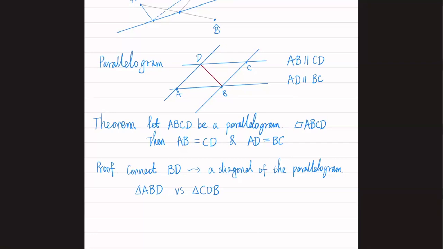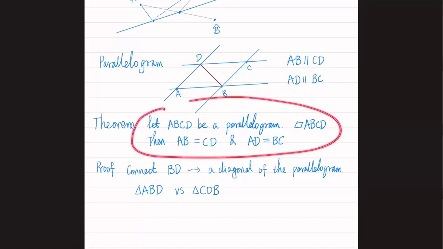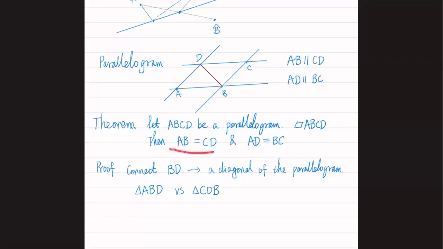The potential issue here is what we know and what we want to prove. In this theorem, what do we know? And what do I want to prove? So here we wanted to prove these two have the same length.